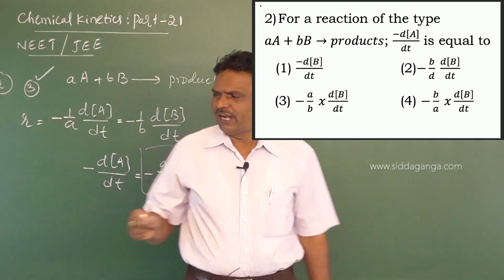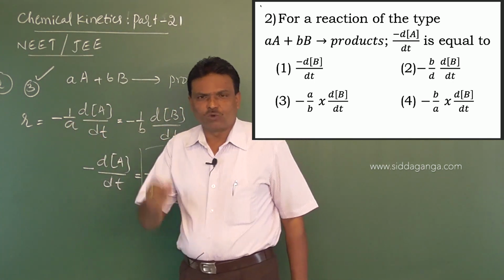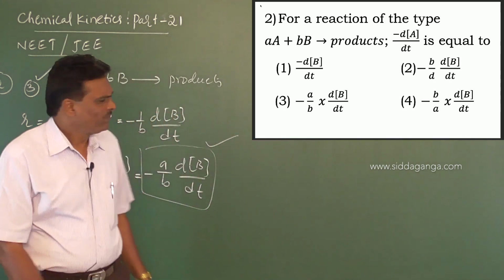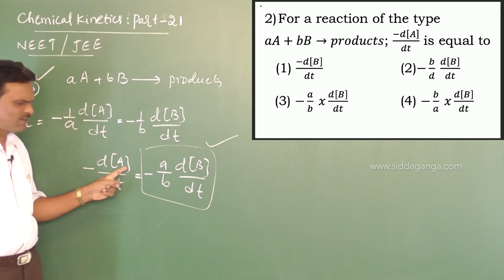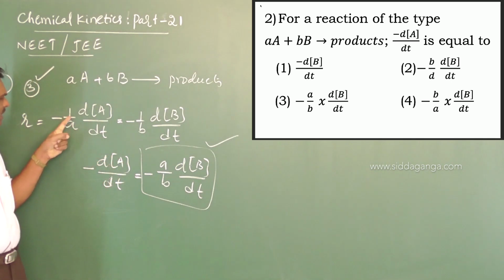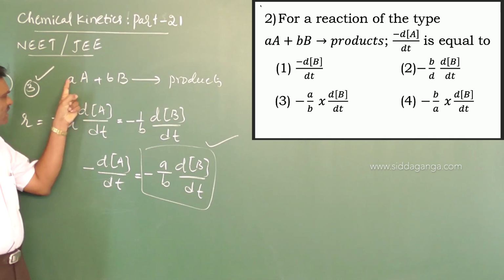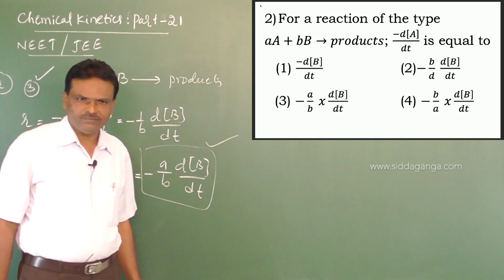So how do you write the instantaneous rate equation? We get the instantaneous rate equation: the rate of change of concentration of the reacting species divided by their respective stoichiometric coefficients.